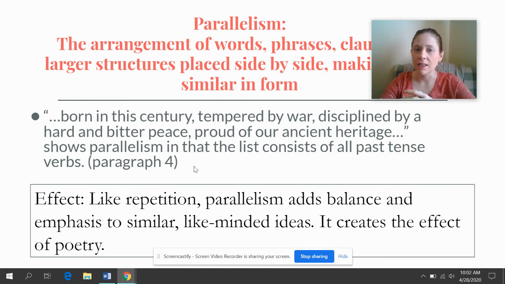Parallelism is not a list of nouns. So for example, I went to the grocery store to buy bread, milk, and eggs. That is not parallelism. That's just a list of things. But if you were being more descriptive: I went to the grocery store to buy milk in the gallon, eggs in the carton, and bread by the loaf.